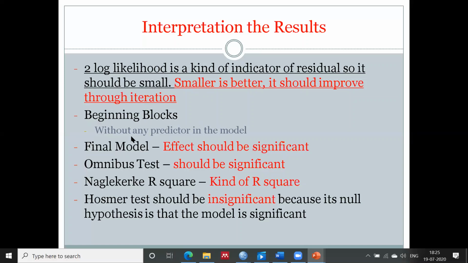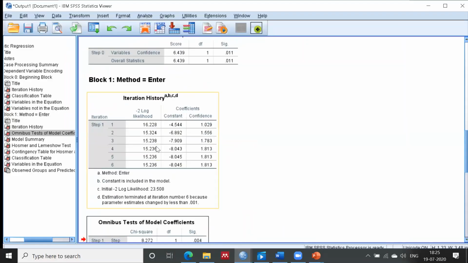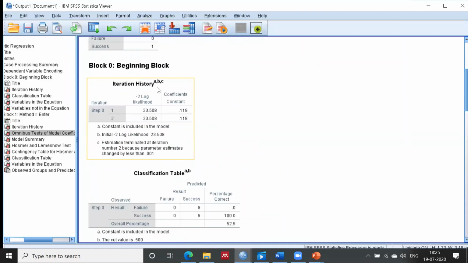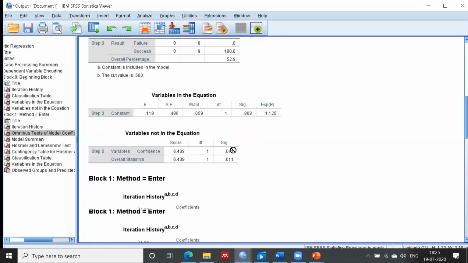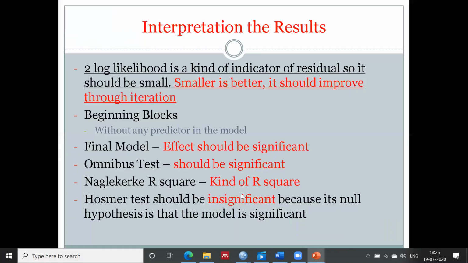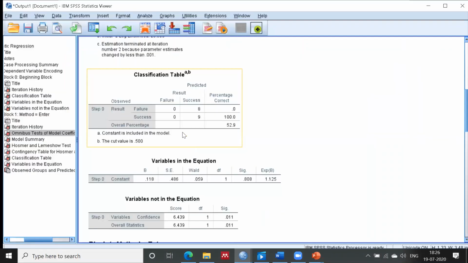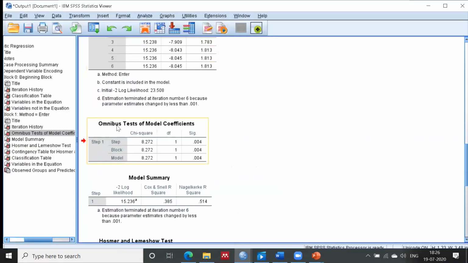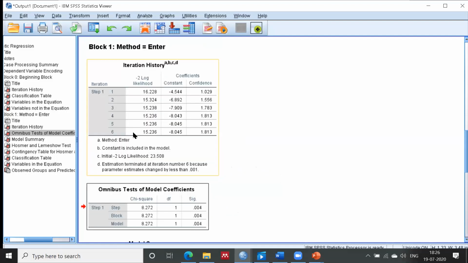Beginning block is without any predictor in the model. If you remember, what was the beginning block? This one, without any kind of prediction or regression. So it is just free from all the regressions. In the final model, of course, effects should be significant, as I explained.